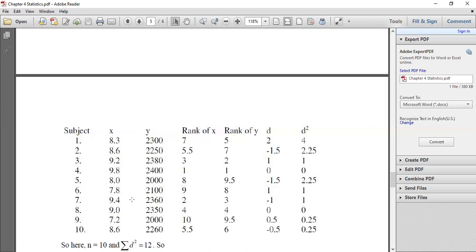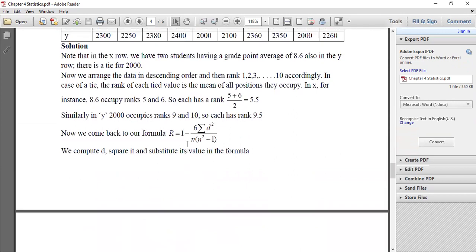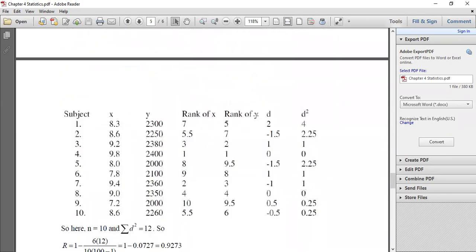So what do you do? One of them could be number 5, the other number 6. But since it is a tie, in X, 8.6 occupies ranks 5 and 6. So each has a rank of 5 plus 6 divided by 2, which gives 5.5.